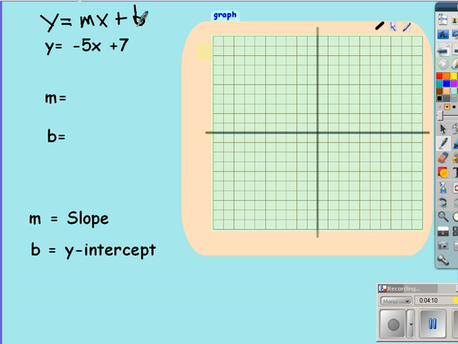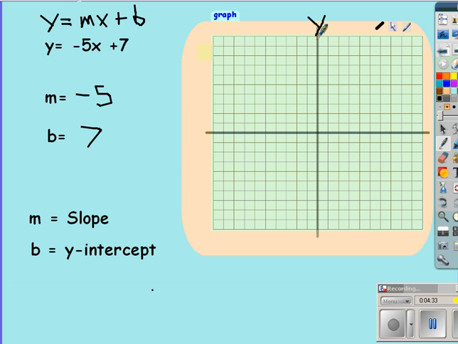So m in this case is going to be negative 5, and b is going to be 7. That's my m and my b. We can go backwards through this process as well. Once we know the slope m, and once we know the y-intercept 7, I can look at my graph and say the y-intercept is 7, so that's where my graph is going to hit the y-axis.